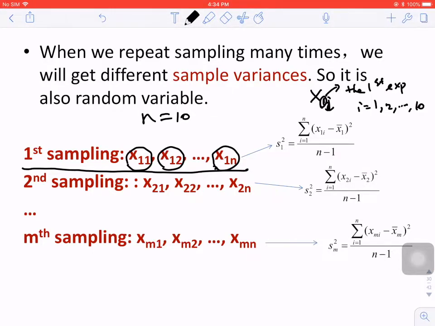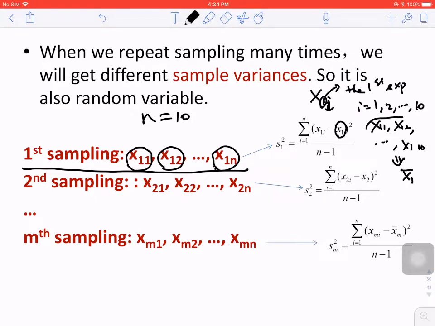You're going to have 10 such values, x11, x12 until x110, and then you can calculate the corresponding x bar, in this case just x1 bar, the average value for the first sampling.